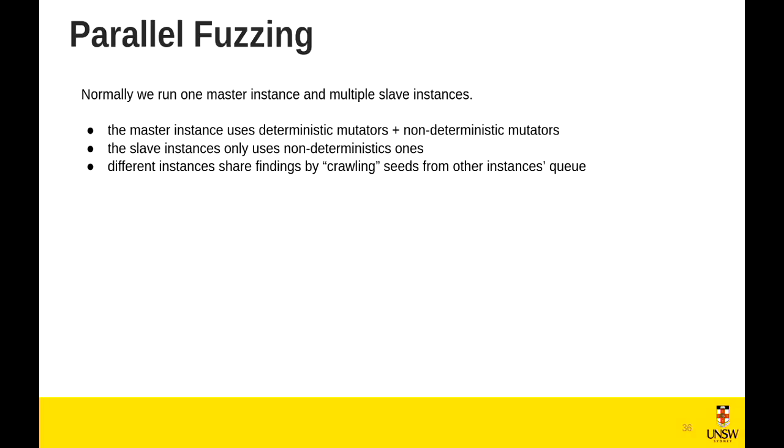And different instances, since they are aware of the existence of the seeds from other instances, will crawl the seeds discovered by the other instances from time to time and put them in their own queue.